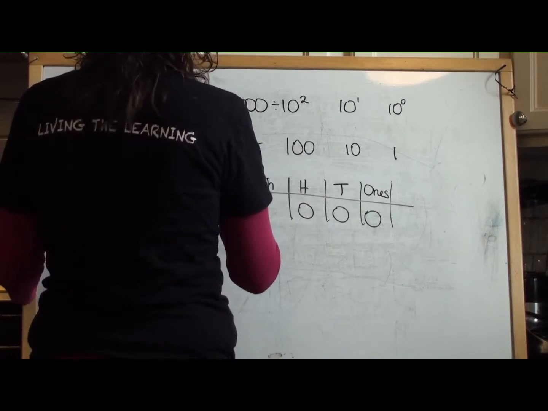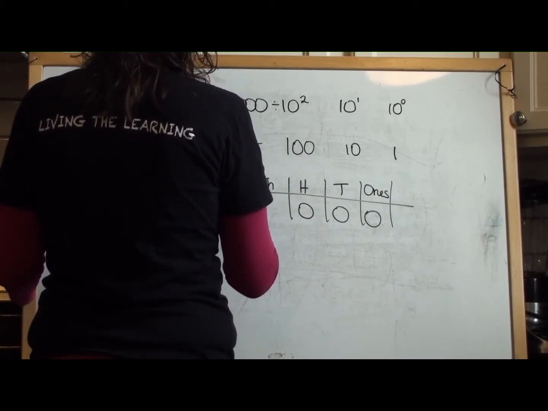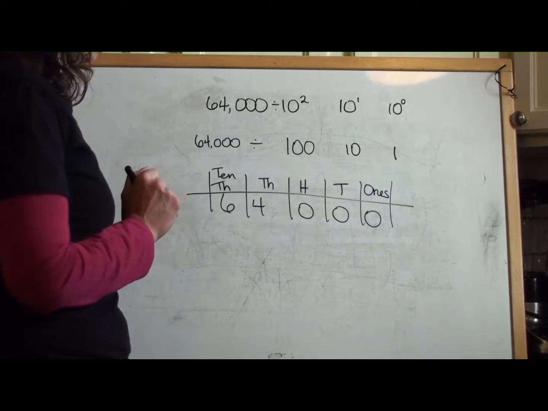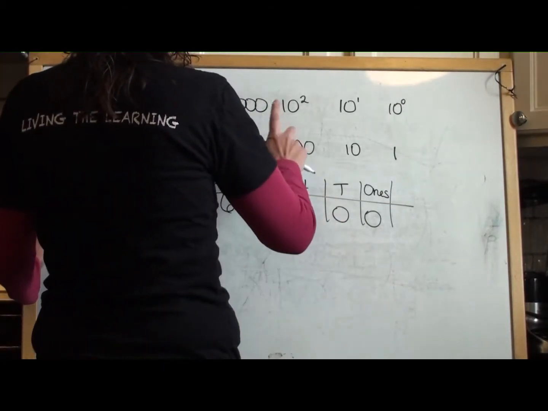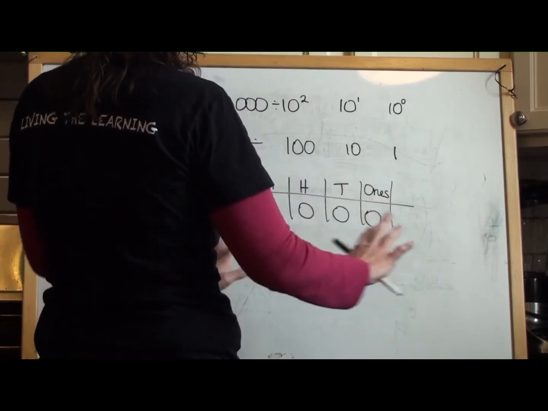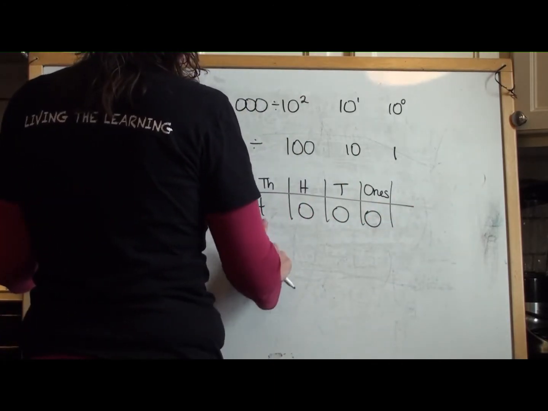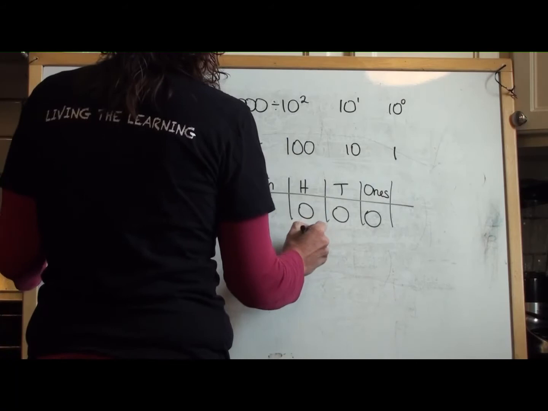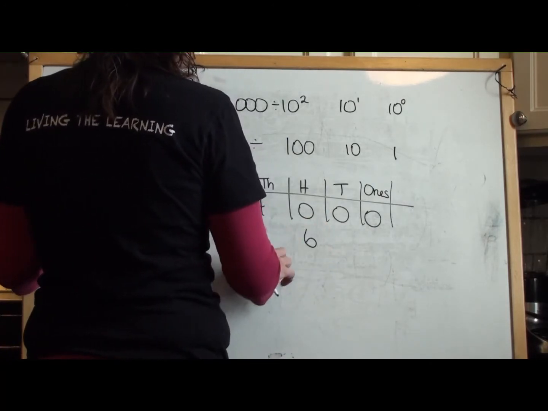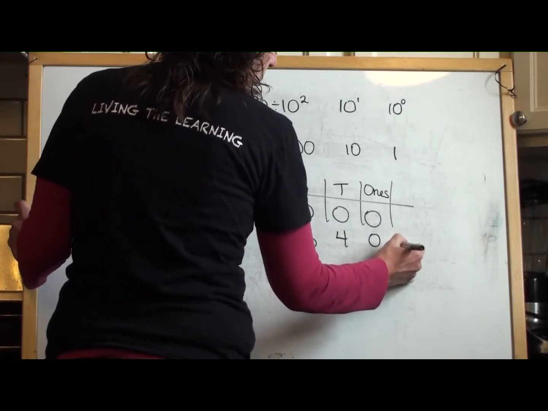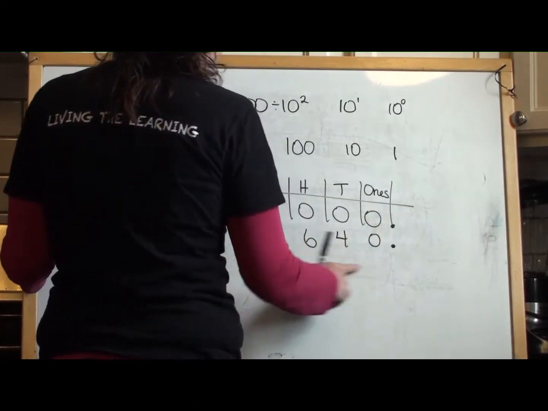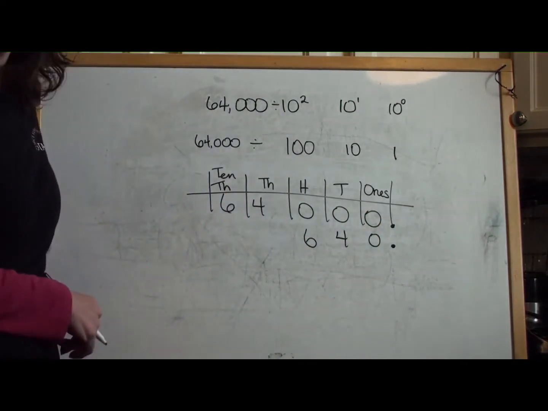Yep, oh no, I didn't. My 10,000s. I'm used to drawing them for decimals. Okay, so 64,000. I'm going to make it 100 times smaller. So 1, 2, that's 10 times smaller, that's 100 times smaller. And then there would be my decimal. So my number would be 640.